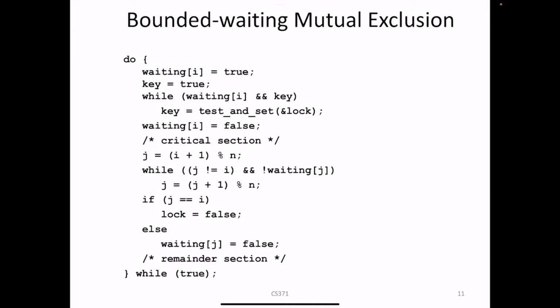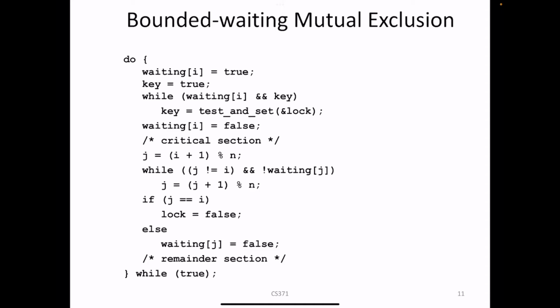Then we do another check to see if j is equal to i. If yes, it means no other process is waiting, so we can directly release the lock. But if no, it means there is a process waiting, so we directly pass the lock to this waiting process. In this case, since j equals 1, which is not equal to i, it means process P1 is waiting there. So P0 directly passes the lock to P1.